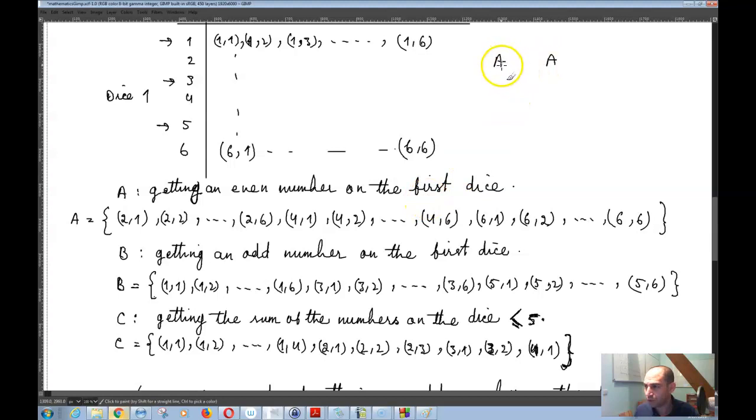Mutually exclusive means that the intersection of the two sets is supposed to be equal to the null set, which is not true. The intersection of A and A is actually equal to A. So the statement is false.